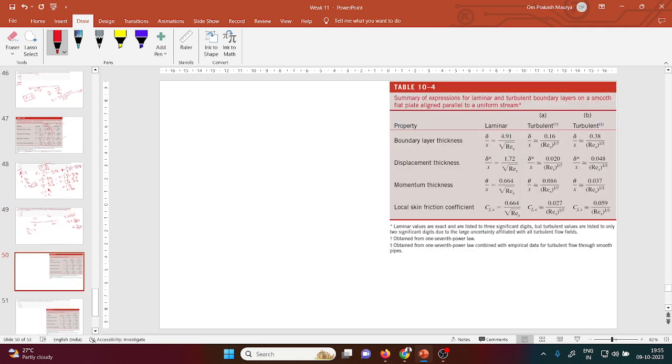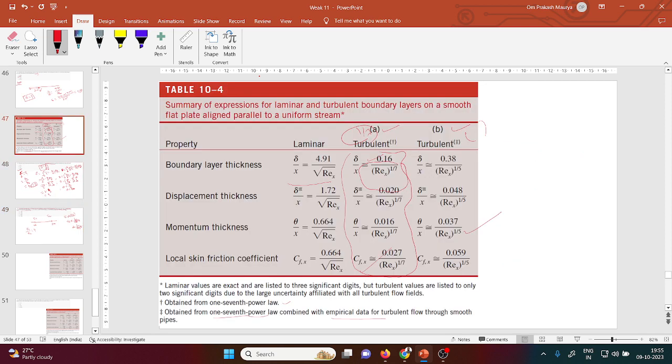From the power law, CF is inversely proportional to Re to the power 1 by 7, and with the empirical data, CF is inversely proportional to Re to the power 1 by 5. If you combine the empirical and the 1/7th power law, it will be 1 by 5. With only the power law, it will be 1 by 7.